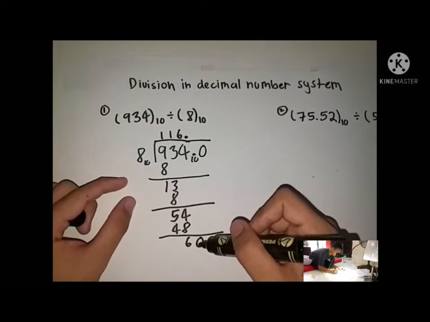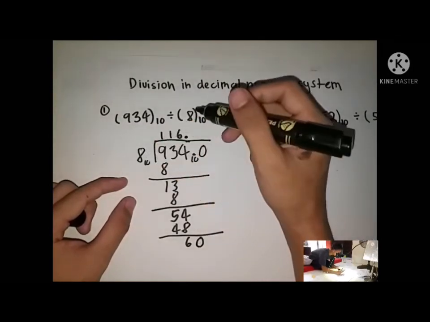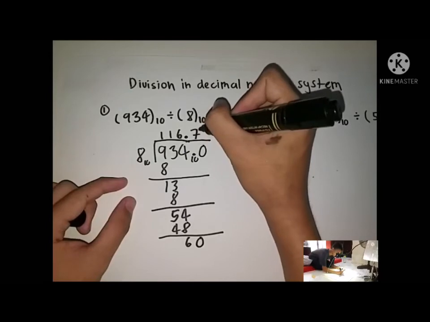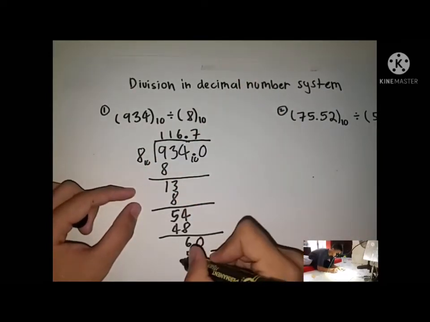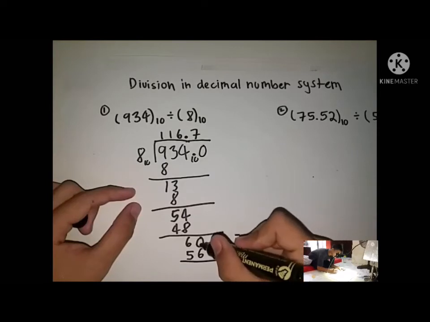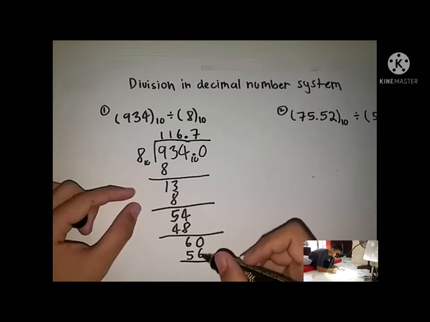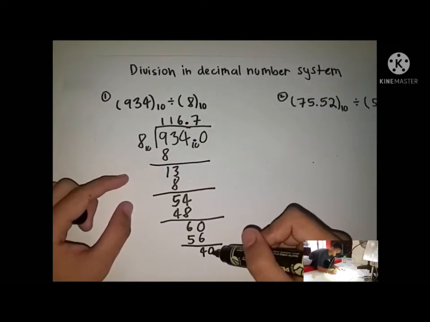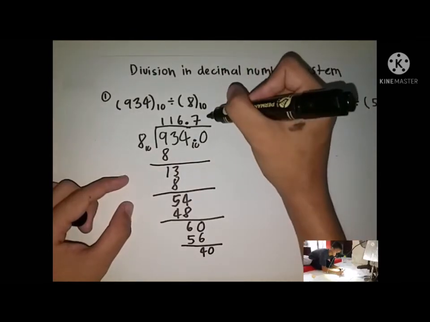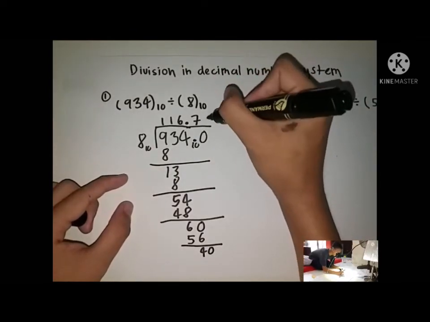60 divided by 8, it gives us a 7. So 7 times 8, it gives us a 56. So minus the 60 by 56 gives us a 4, then 40 divided by 8, it gives us a 5.